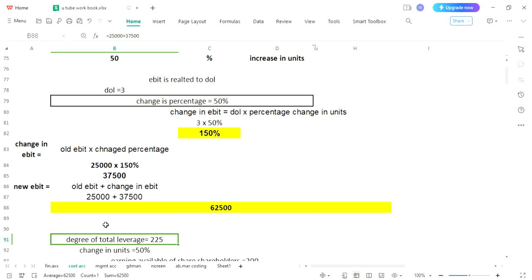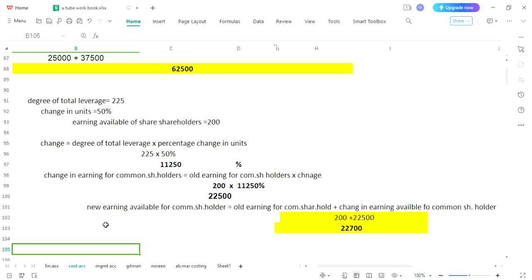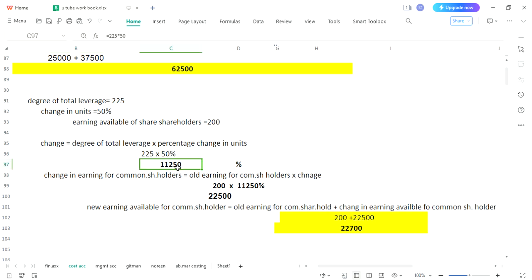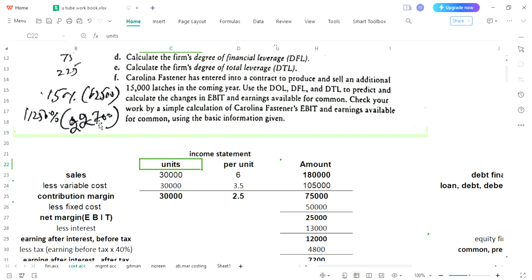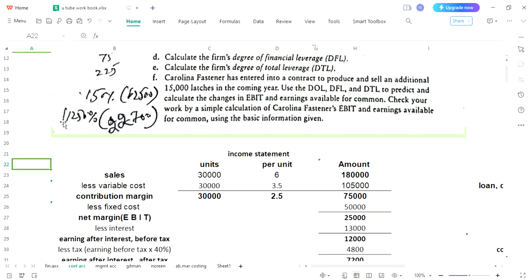This was the percentage. Let's mark it. It was part of our answer. And 22,700. All answers are matched over here.